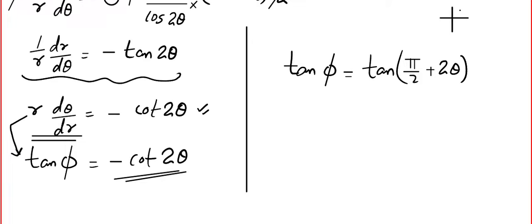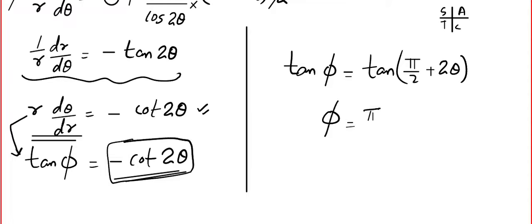You know the rule, all students trust Cambridge, and you know that in the second quadrant, tan is negative. And in the second quadrant, when you do 90 plus, you have to take the cofunction. So, minus cot theta can be written like this, so that I can have the principal value phi equal to pi by 2 plus 2 theta.